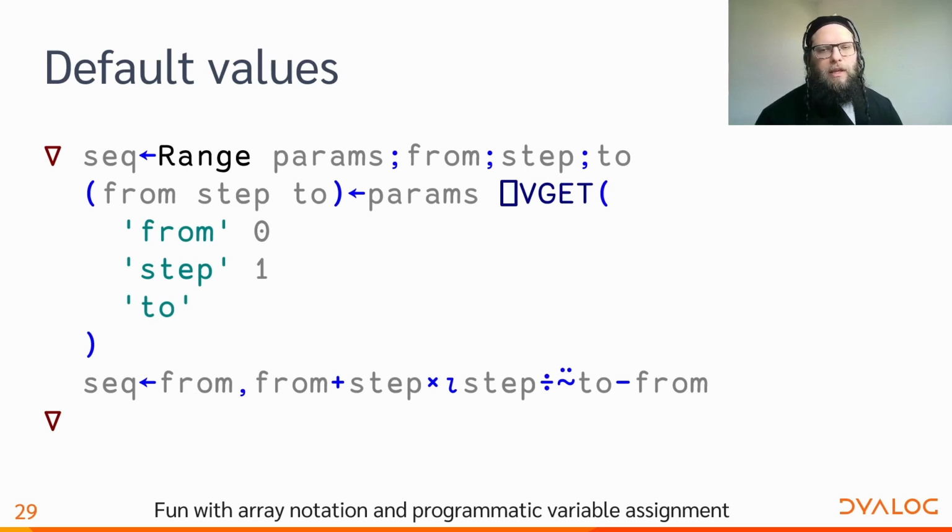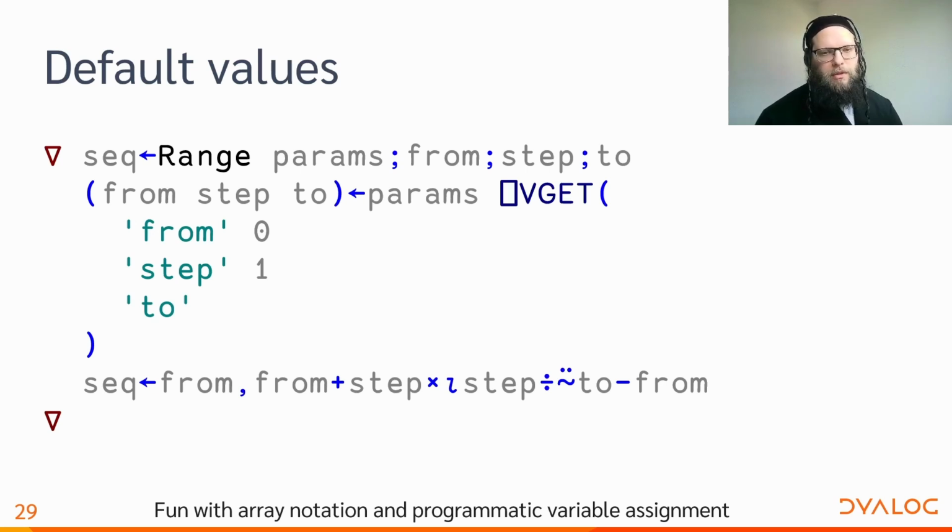So quad VGET, taking this vector, this list, as right argument, params as left argument. That means we're getting the values of from, step, and 2 from the parameter namespace. But if from is missing, we'll return 0. If step is missing, we'll return 1.